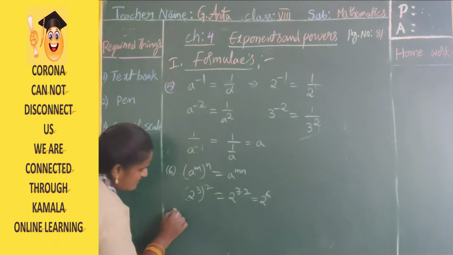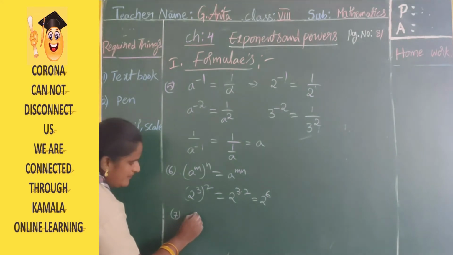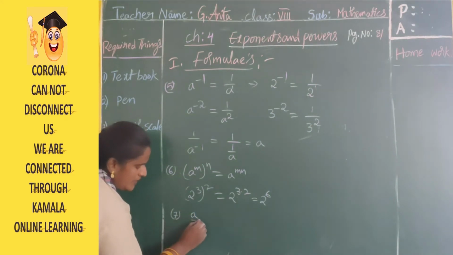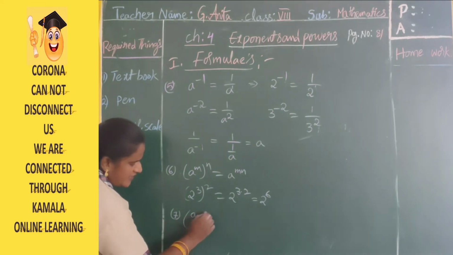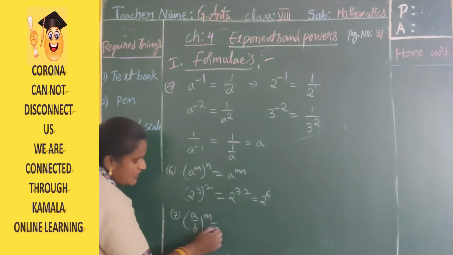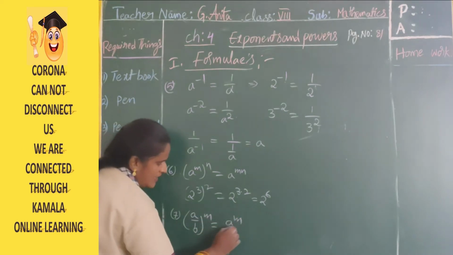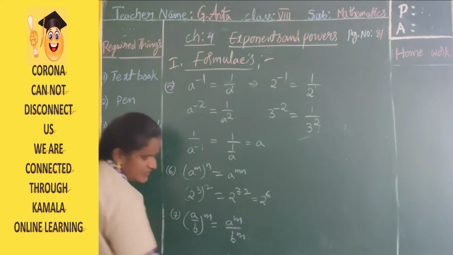Next formula, the seventh one. For example, (a by b) whole power m is given. (a by b) whole power m can be written as a power m by b power m. Yes or not?